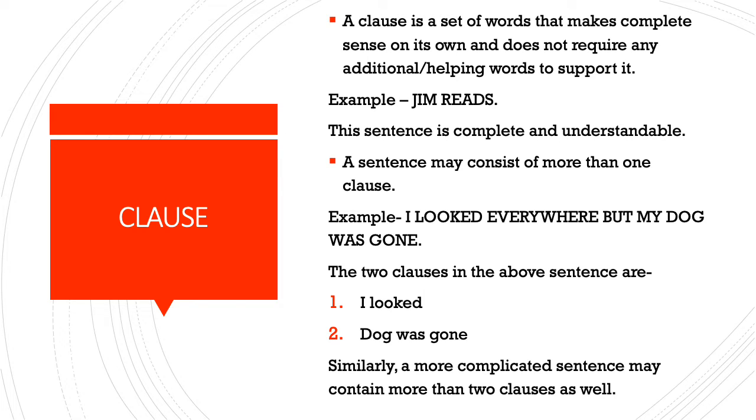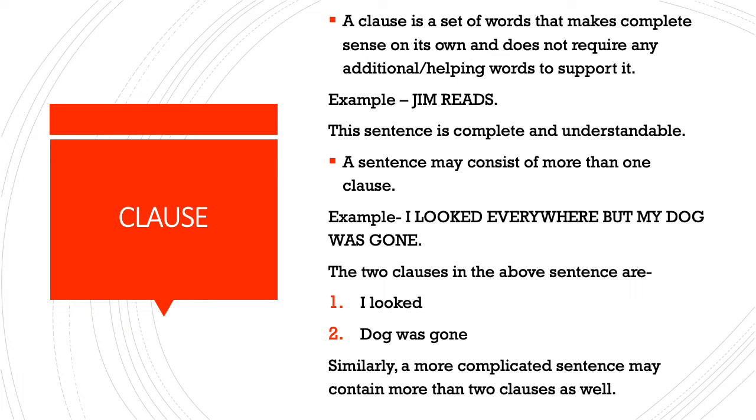So in the last example, the boy is playing. Similarly, Sarah smiled. Now we can understand what the boy is doing. The boy is performing the action of playing and Sarah is performing the action of smiling.